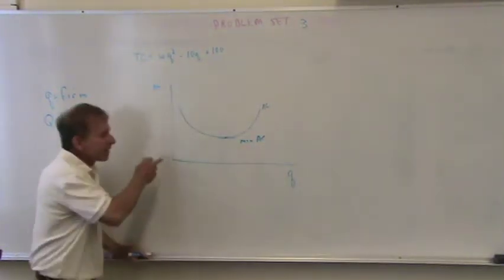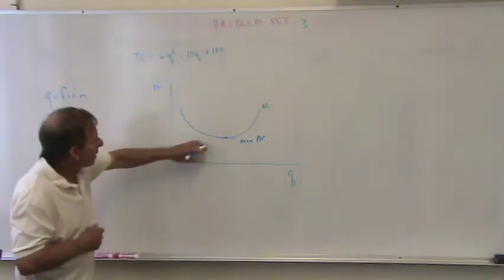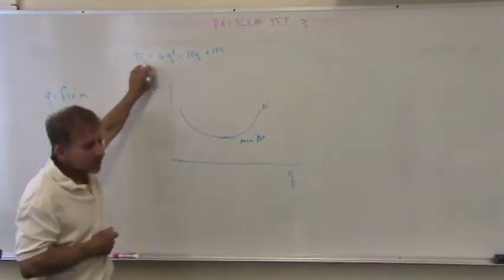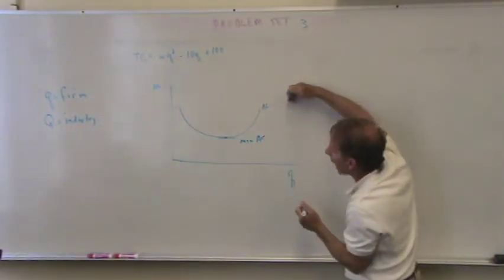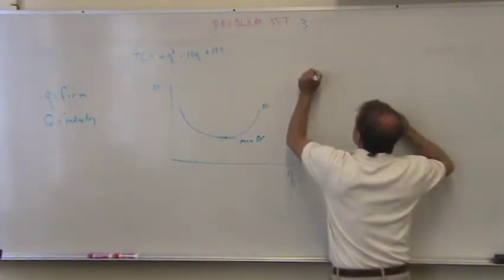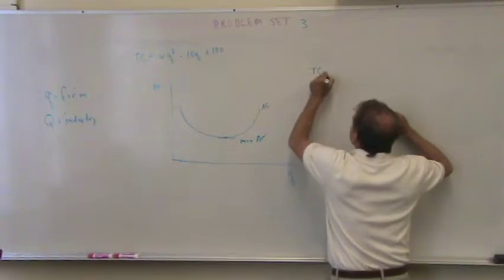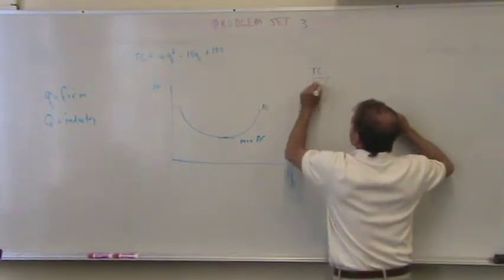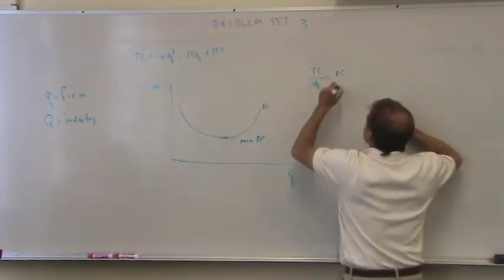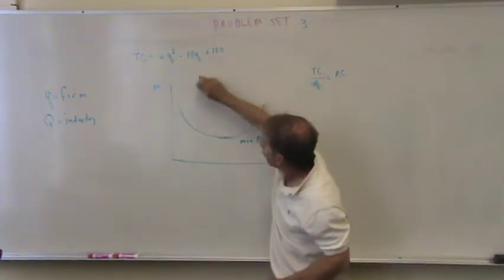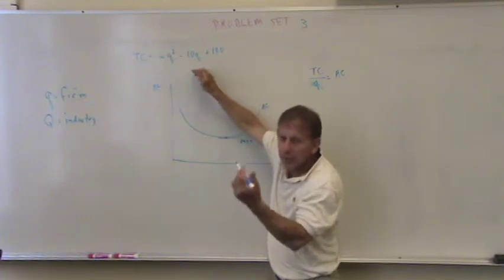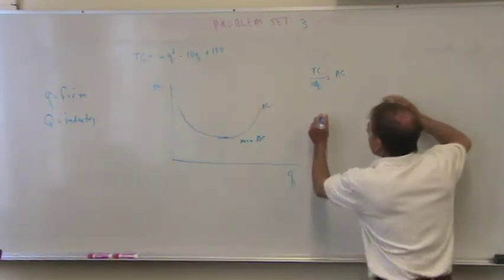If you want to find the minimum point of the average cost curve, you take the total cost curve and ask, what's the average cost? Take total cost and divide it by q, and that gives you the average cost. You can do that mathematically, pretty straightforward.